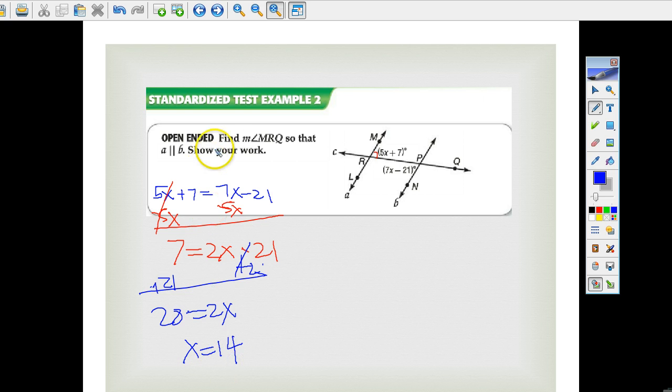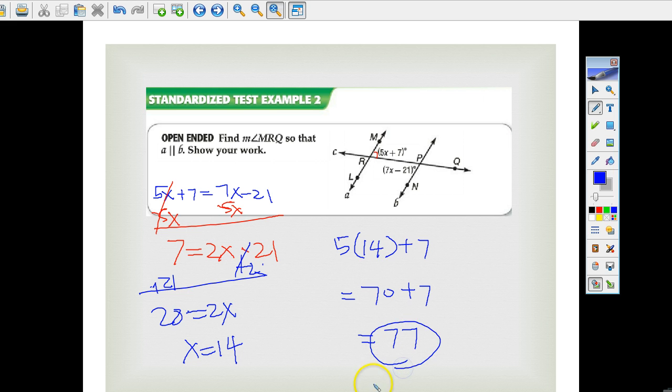I'm not done here because they want you to find the measure of the angle up here. MQR is 5x plus 7. You have 5 times your answer 14, which is 70, plus the 7, you have 77. So there's your answer, 77. And we showed all our work. Very good.